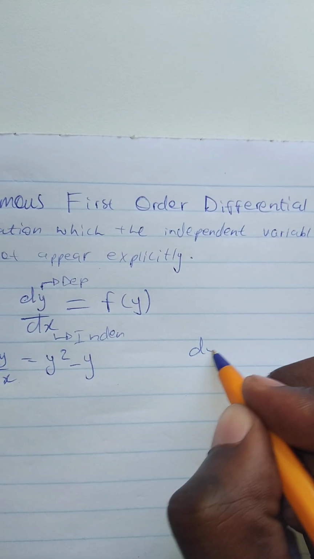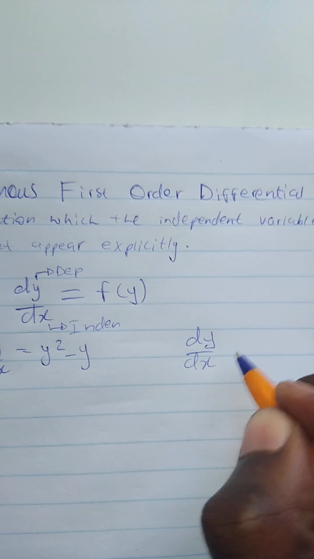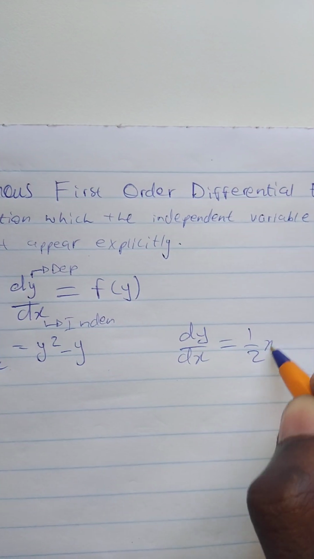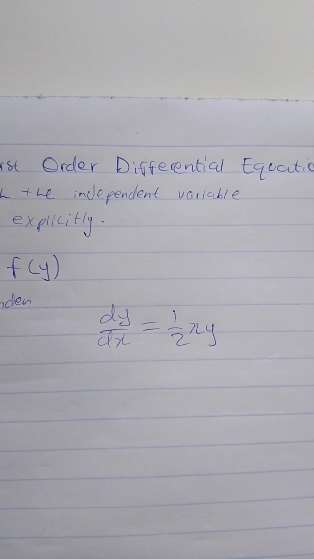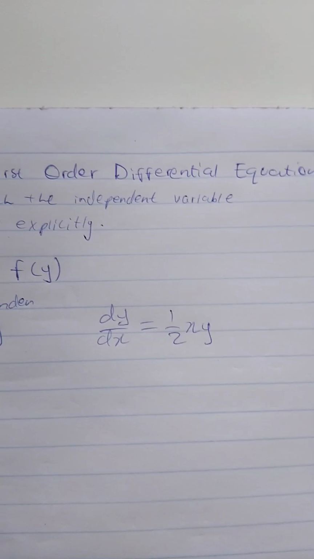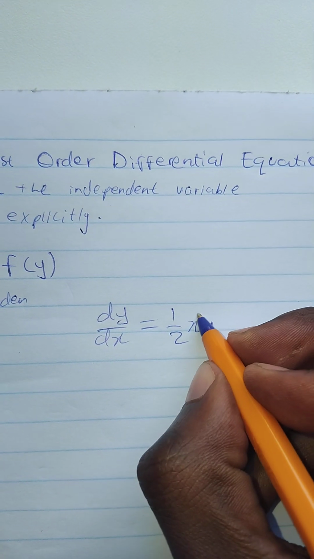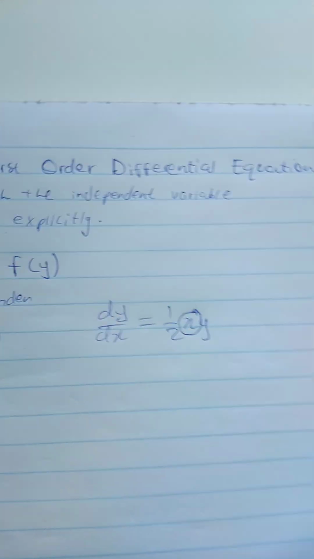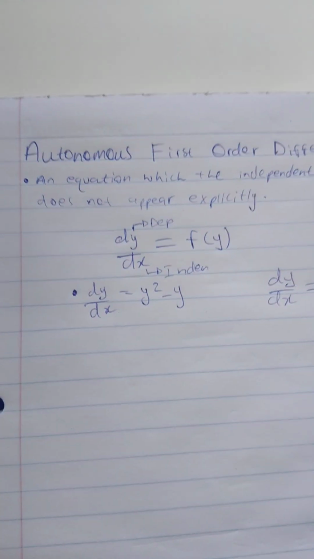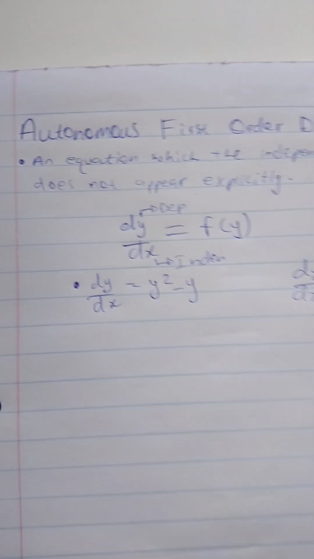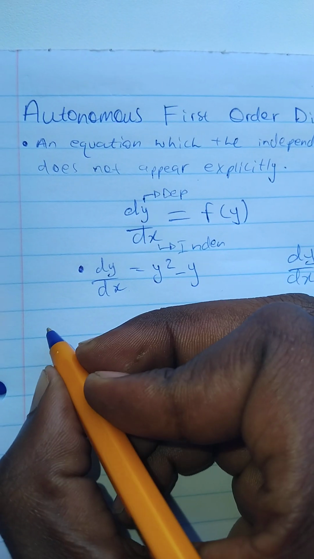However, if you have something like dy/dx equals half xy, can we still consider this as an autonomous differential equation? No, we cannot, because our independent variable is appearing right there, isn't it? Yes. So now let's see what else we can know about autonomous differential equations.